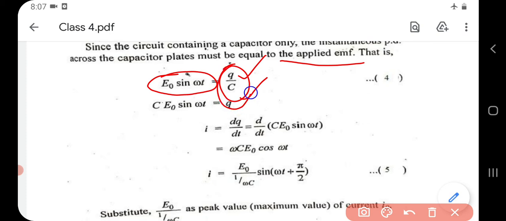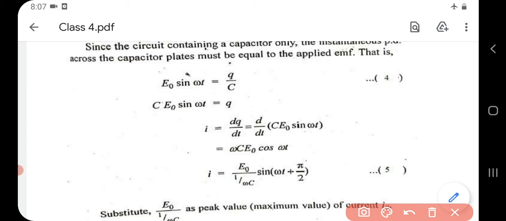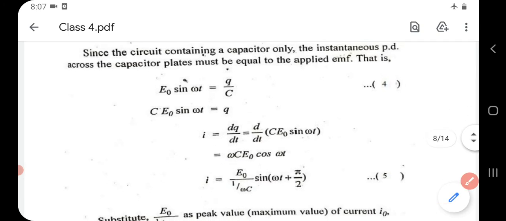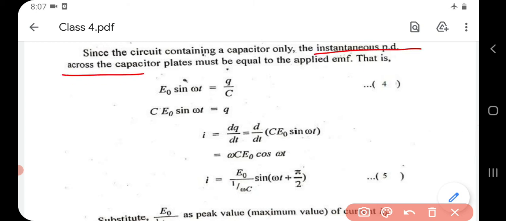So this is the potential, or the EMF, that is developed across the capacitor. So the instantaneous potential difference across the capacitor plates, that is Q by C, will be equal to the applied EMF. So this is the expression. So from this, by rearranging the equation, you can find the value of Q. It is nothing but C E0 sin omega t.